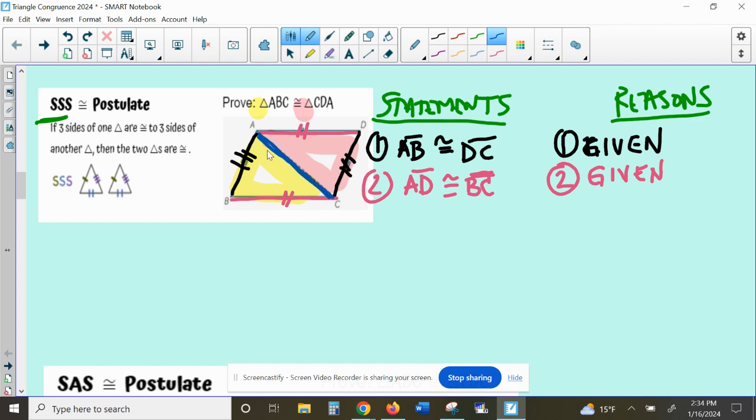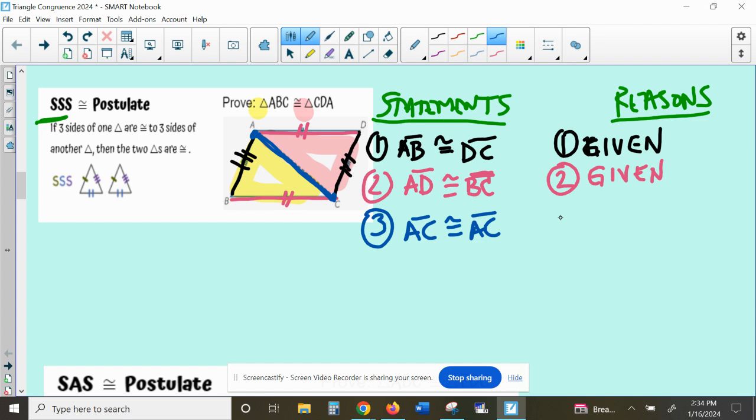My question is, is this line the same length as itself? Is AC on the yellow triangle the same as AC on the pink triangle? It sure is, because if I were to measure from A to C, it's the same length. But I still have to state my third statement. So I could say that AC is congruent to AC.